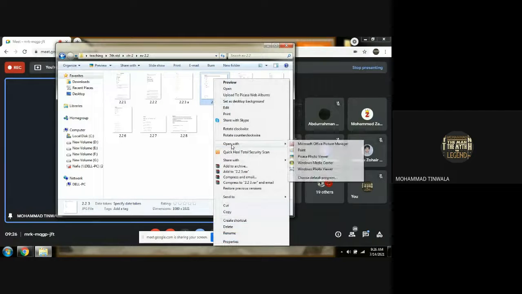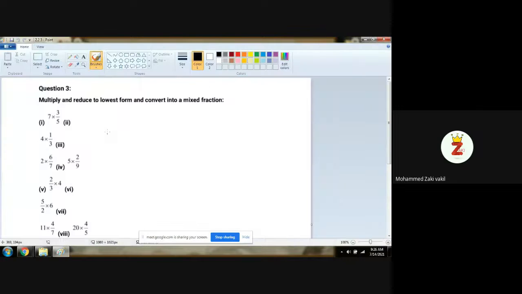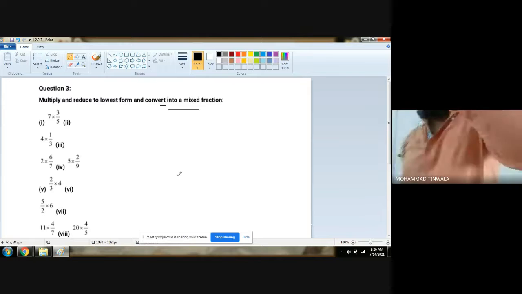Chalo. Multiply and reduce to the lowest form and convert into a mixed fraction. What we have to do is multiply this to the lowest form and convert that into a mixed fraction. Come to our board right now. All of you look here, first sum.